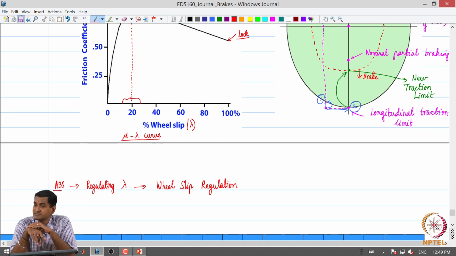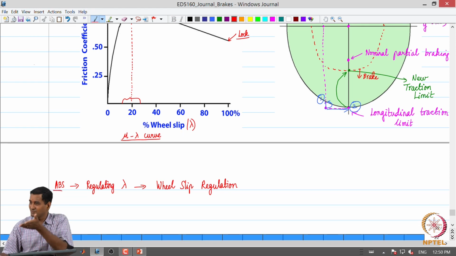But there is a challenge. If I want to regulate something, I should know its value at this instant of time. Let us say I tell you, make sure my wheel slip ratio lies around 15%. If I want to ensure that wheel slip ratio lies around 0.15, first I should know what is the wheel slip ratio at this instant of time, is it not?